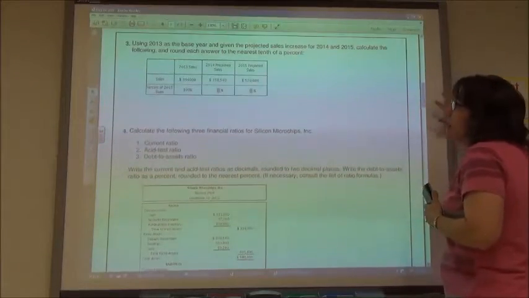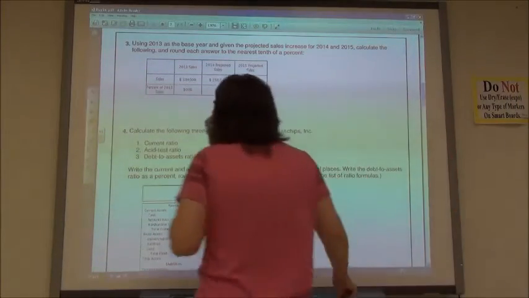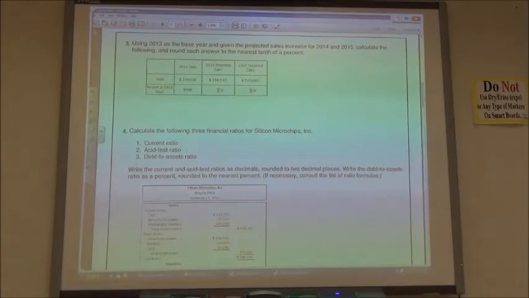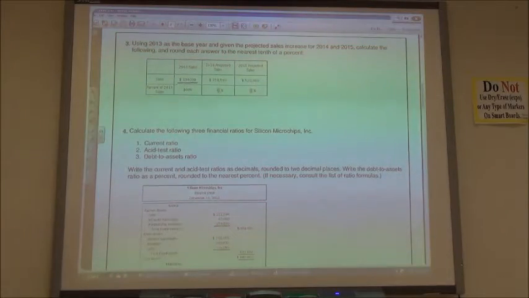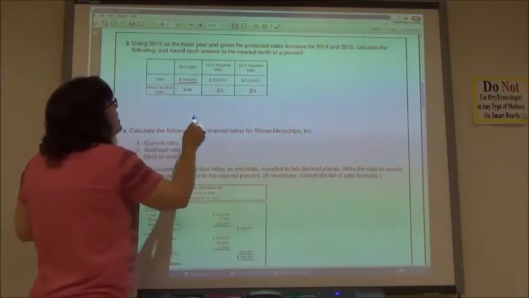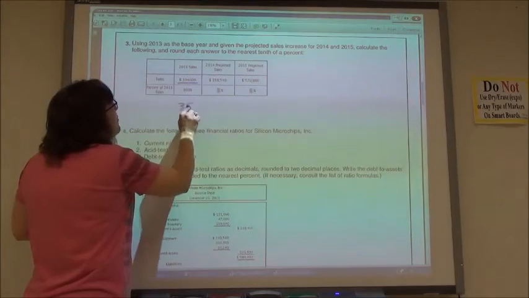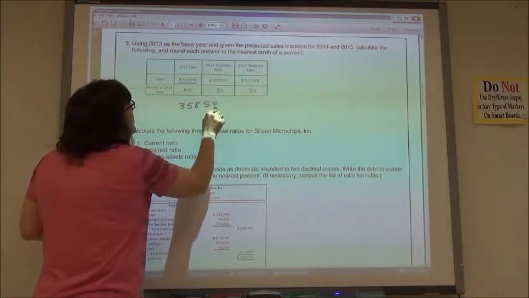Number 3 is going to be the same kind of thing. Using 2013 as the base year, given the projected sales increase for 2014 and 2015, calculate, and this time we're calculating the percent. So our base is 2013, our base is going to be the 394,000. In 2014, our projected sales is 358,540.